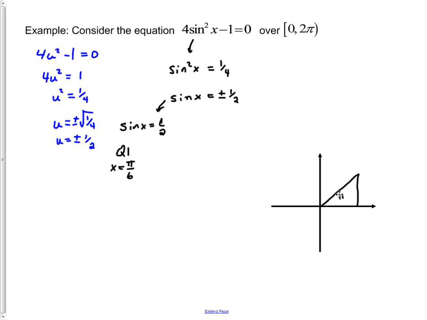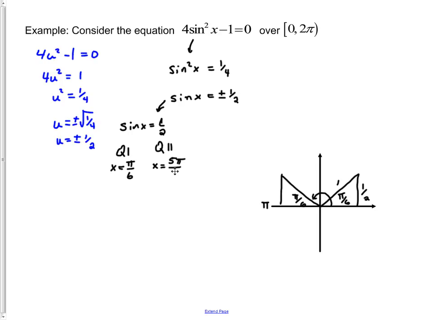Pi over 6 is the angle whose ratio of opposite to hypotenuse is 1/2. And we also found that that was true for quadrant 2, because in quadrant 2, sine is also 1/2, and we found our value by taking pi over 6 as the reference angle within that unit circle. And if this is pi, pi over 6 subtracted from pi gives us the angle 5 pi over 6.